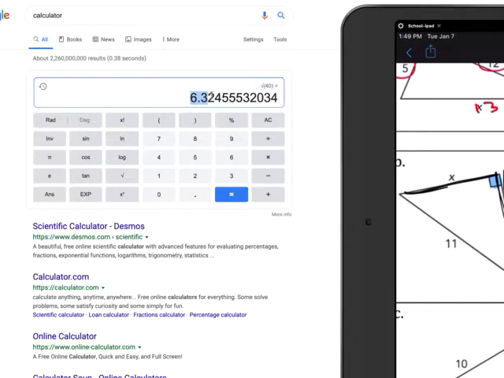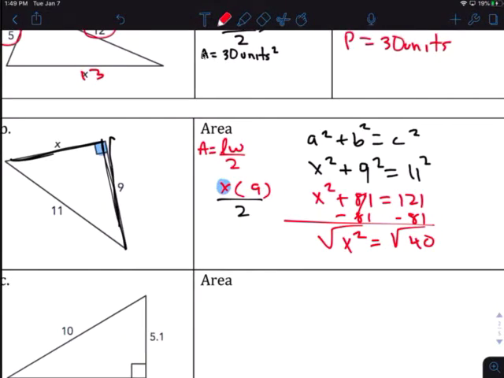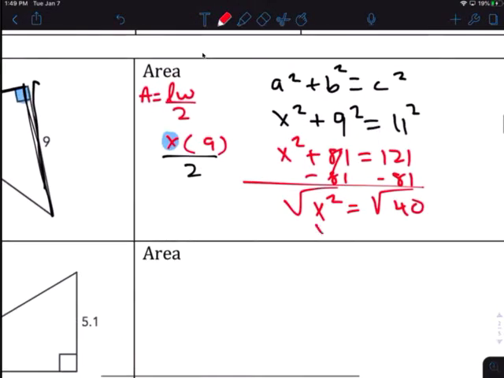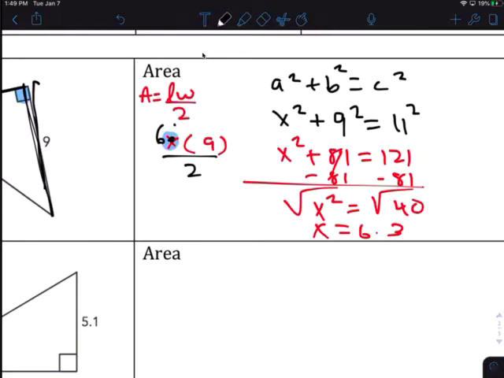6.3. There is a 2 after the 3, so it stays the same. So it's 6.3. X is 6.3. So for all the X, go back and put 6.3.